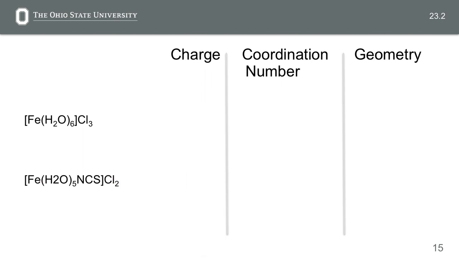So let's take a minute. We're going to try to figure out the charge on the compound, the whole thing, not just on the iron. Okay. So what charge would be on the thing in the brackets? Figure out the coordination number, and then we're going to work on the geometry. Take a couple minutes, give it some thought, and then we'll work together.